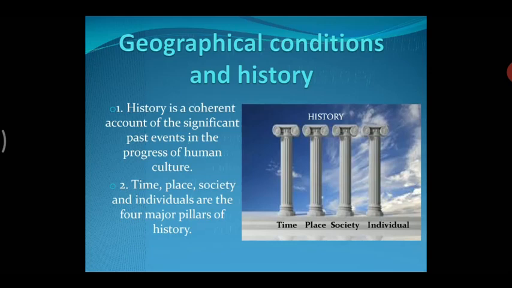Because history occurs in a place, and at a time, we should know in which society it takes place, and whom it belongs to, that is called the individual. We should know. That is why they are known as the four important pillars of history. Without this, history won't be called history. Okay, go to the next.